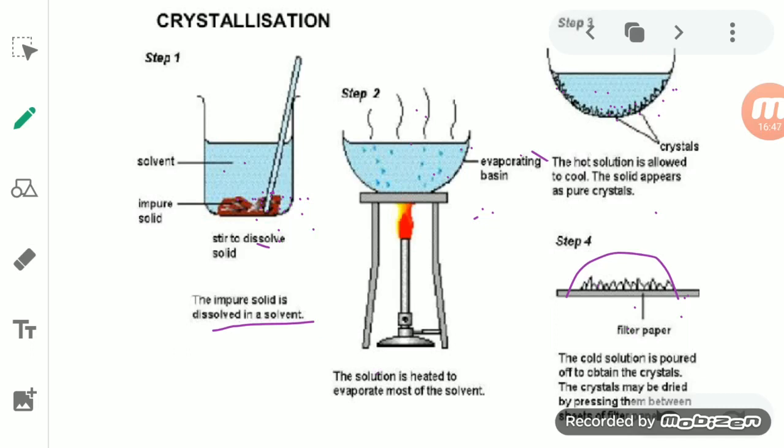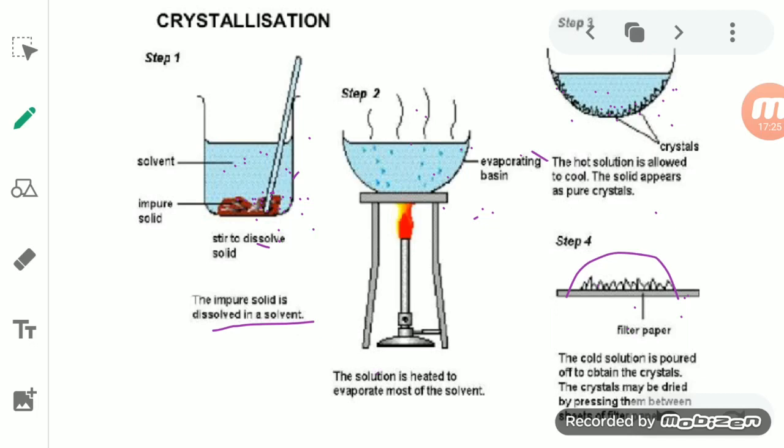Suppose this contains copper sulfate as well as impurities, so we will mix it with water, and the mixture is filtered, and after filtration we take that solution to the water bath. There it becomes concentrated, and when we take it out and keep it for some time to cool down, you will obtain blue copper sulfate crystals in the petri dish.